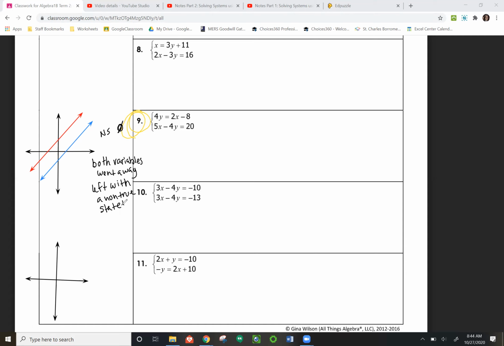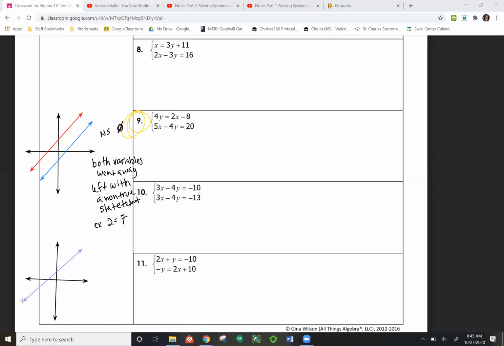So something that just didn't make sense, like 2 equals 7. That doesn't make sense, right? So you knew that there were no solutions if you ended up with something nonsense, okay?